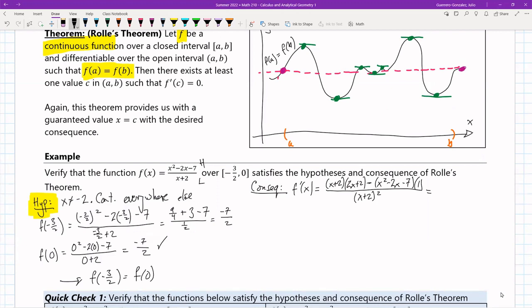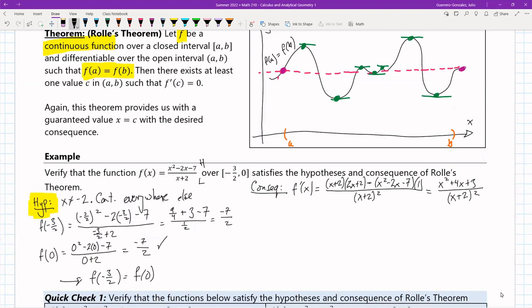If you simplify this all out, what you're going to get is x squared plus 4x plus 3 all over x plus 2 quantity squared.